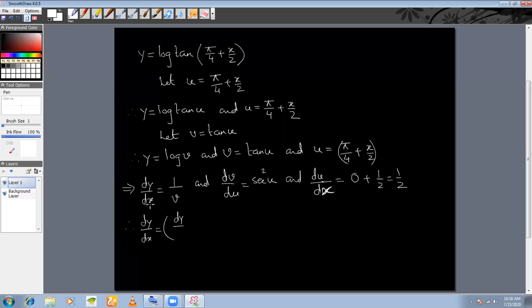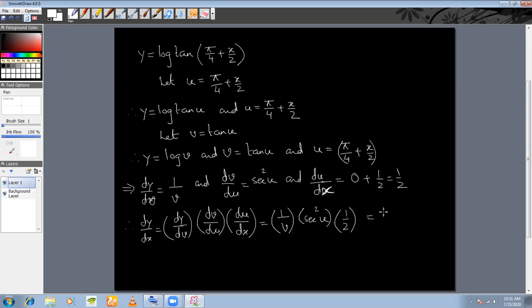Yes, sir. This is dy/dv. Any doubts with the differentiation? No, sir. dv/du into du... 1 by v, sec square u into half, which is sec square u by 2v.